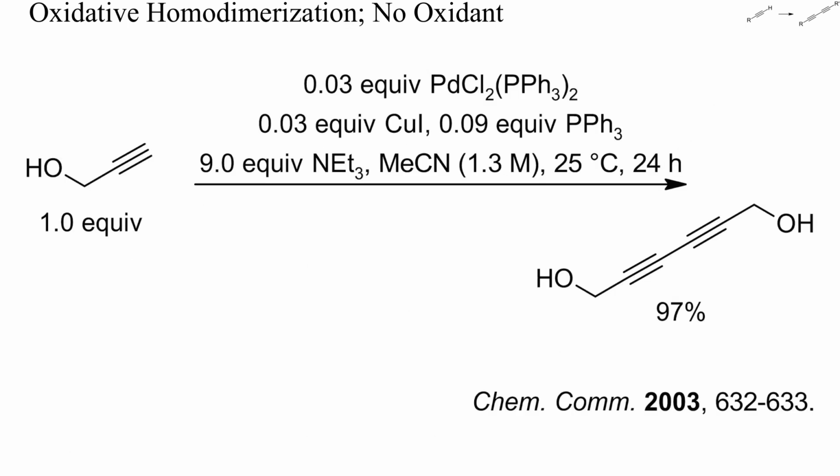Sometimes oxidative dimerizations even succeed without any oxidant, as in this example. These were just standard Sonogashira conditions, and a complete homodimerization of propargyl alcohol occurred at room temperature. The reaction strongly depended on the structure of the starting alkyne, and no reaction occurred with propargyl acetate, for instance.